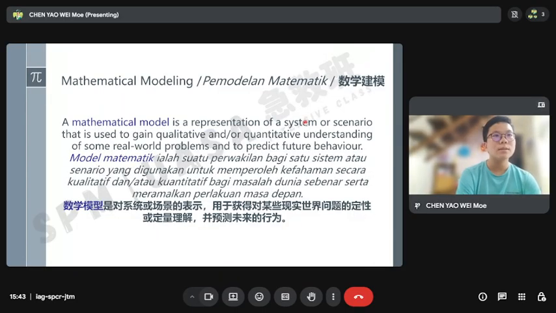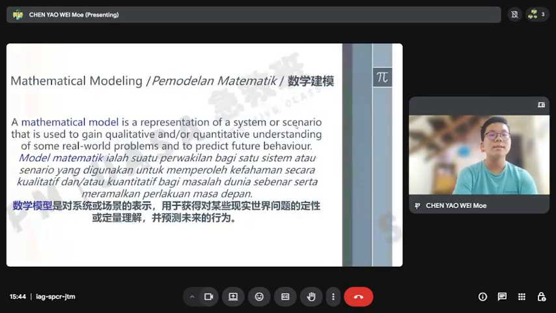A mathematical model is a representation of a system or scenario that is used to gain qualitative or quantitative understanding of some real-world problems and to predict future behavior. There are some components in the mathematical process.